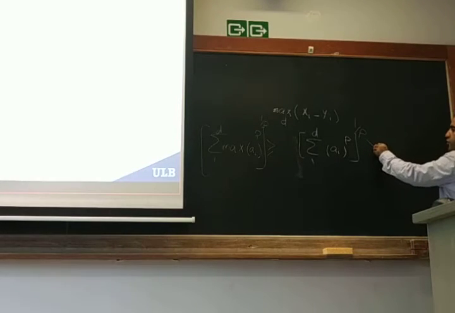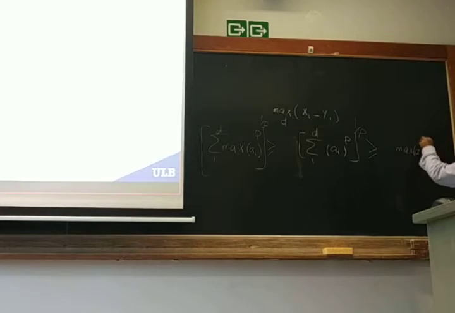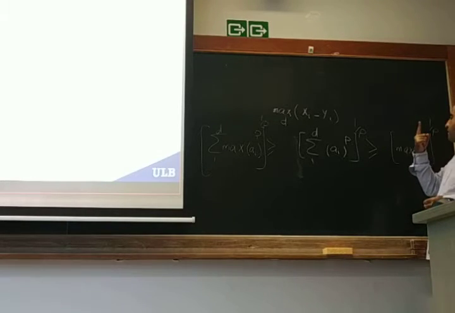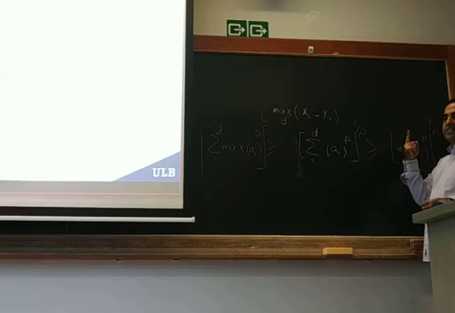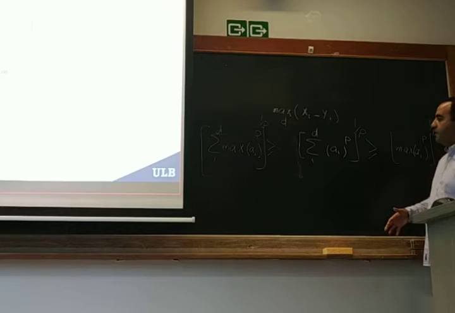But we also know that this is smaller because it's 1 times the maximum, while here we have the maximum plus other stuff. Right?